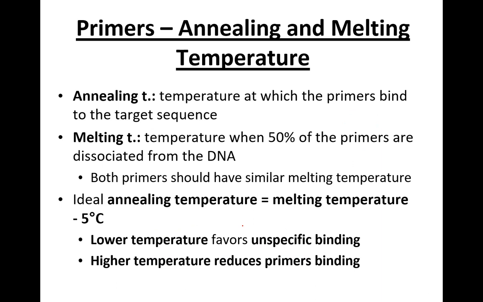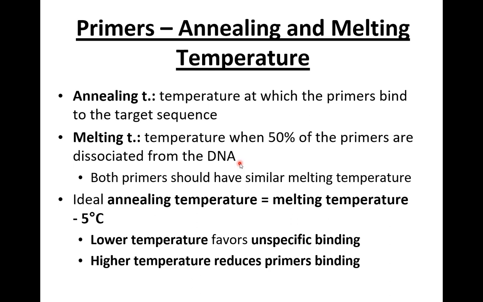Another very important thing that you have to keep in mind when you design primers is their melting temperature and their annealing temperature, which is related to the melting temperature. By melting temperature, what we mean is the temperature at which half of the primers, 50% of the primers, are dissociated from the DNA, and the other 50% are associated to the DNA.